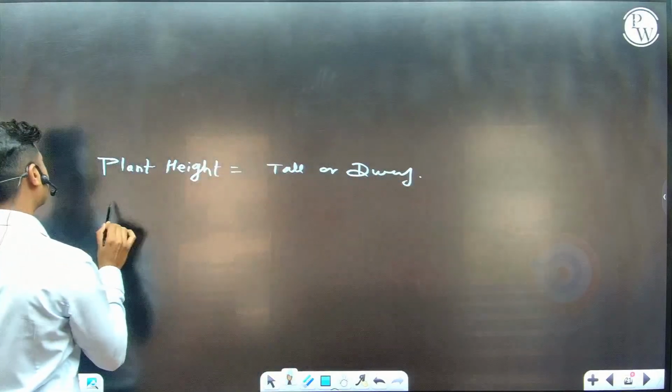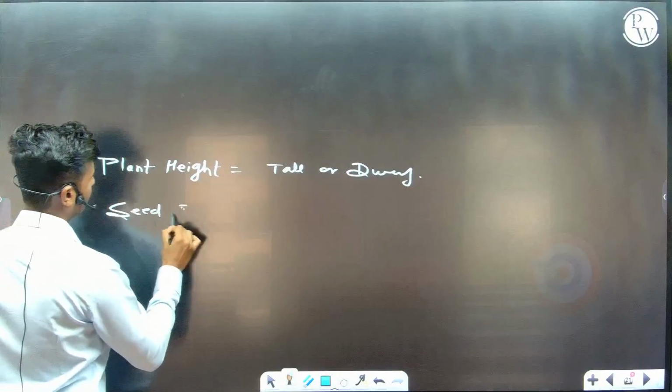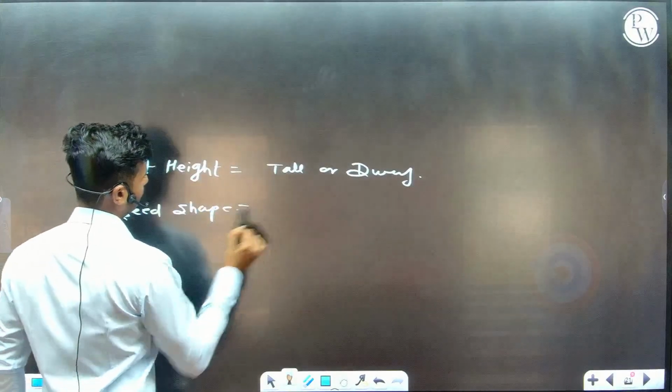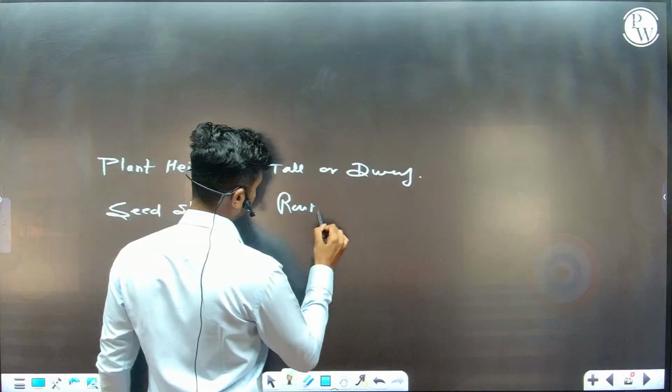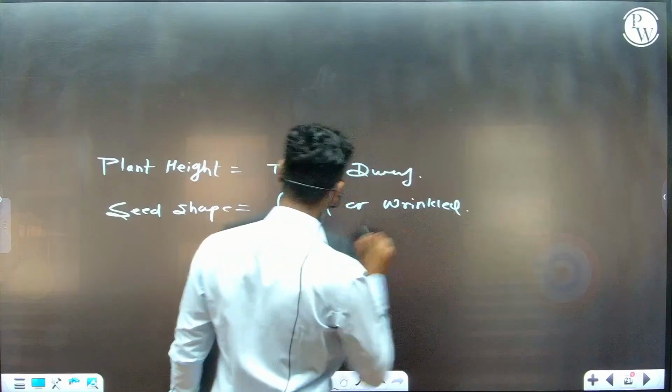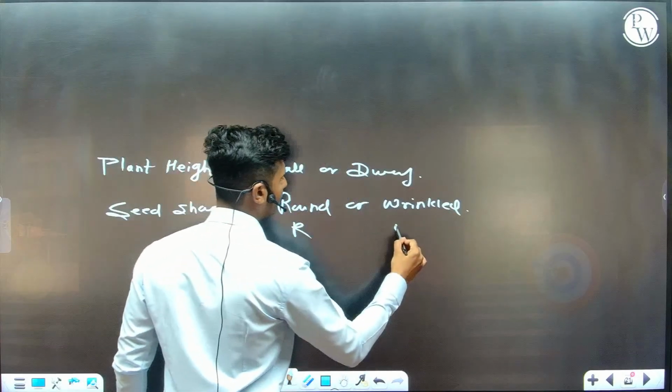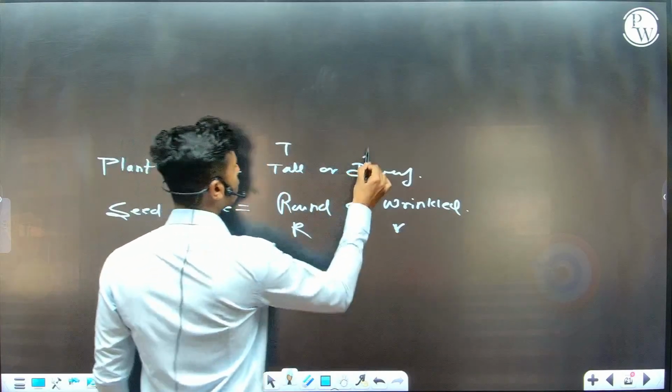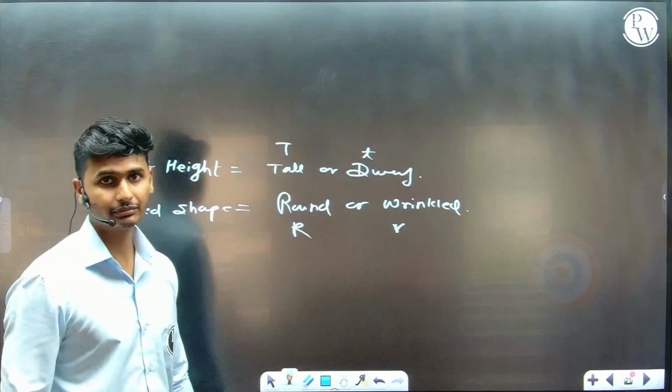If we are saying seed shape, round or wrinkled, and the symbols for that are capital R, small r, capital T, small t. Two alleles we are using.